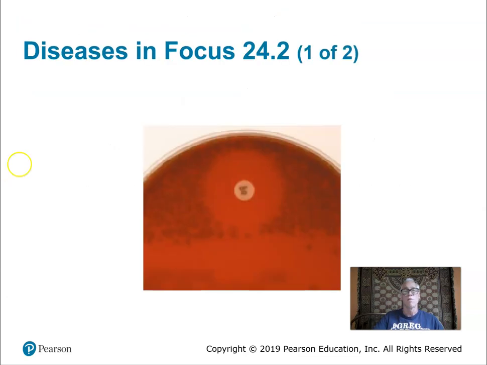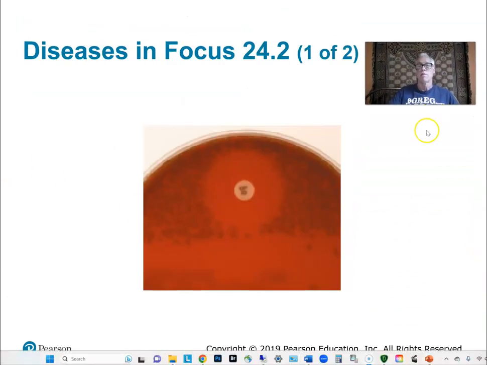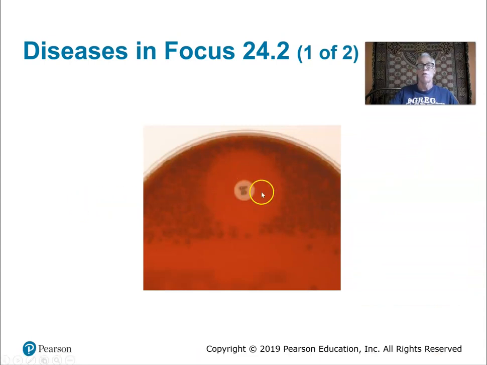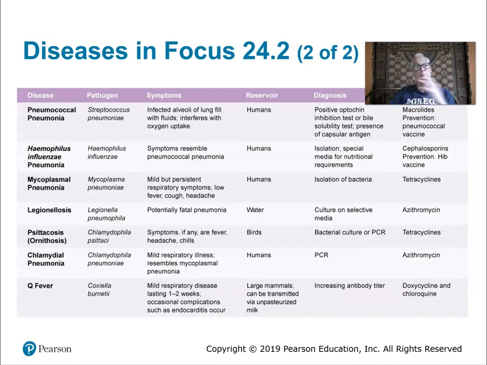Pneumococcal pneumonia is another name for it because of the characteristic morphology of the cells. And here's a picture of an optochin disc on a plate that's been inoculated to produce a lawn of bacteria, and these strep pneumoniae bacteria are inhibited by the optochin in that disc, and just verifying the presence of that species.